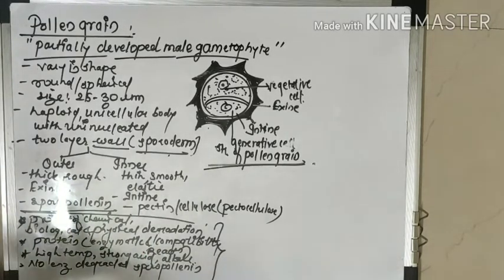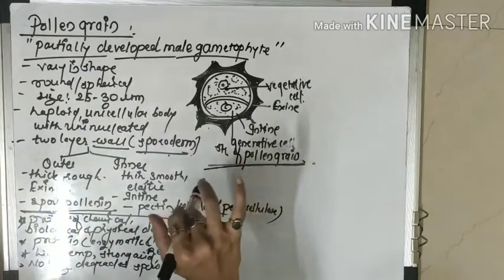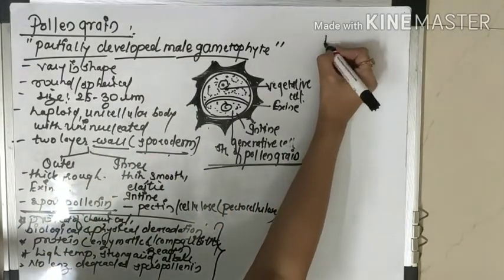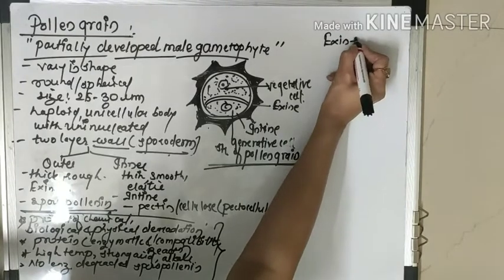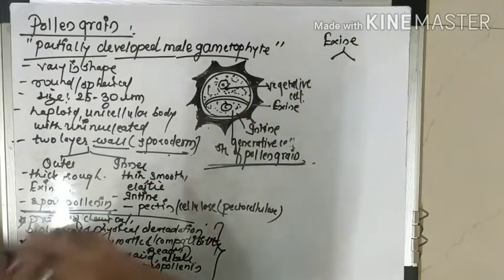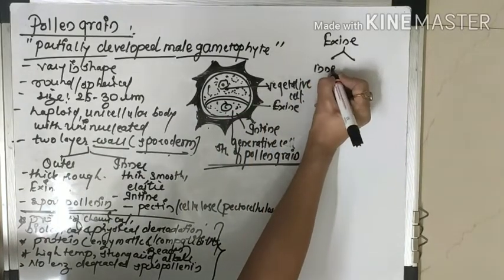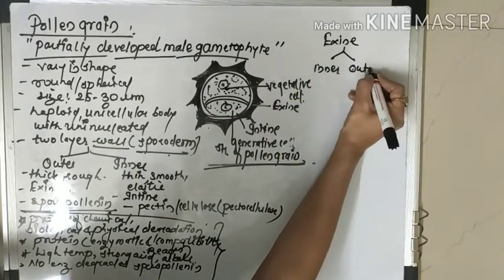Now you can see this exine. I am talking about this outermost layer first. This exine is again differentiated into an inner and an outer layer.